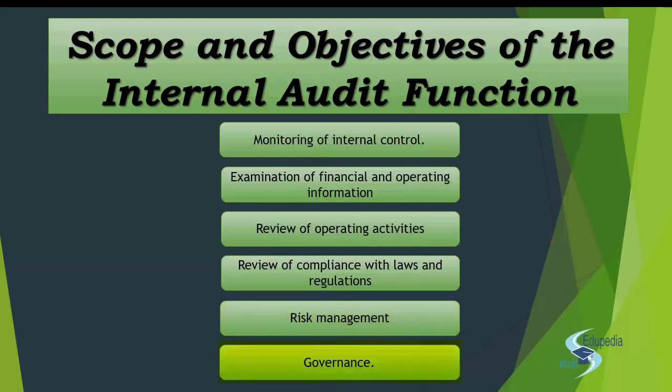And at last you have governance. When we talk about governance, it actually encompasses all the other functions. You are dealing with the entire functioning of your client. Whether or not your client is meeting the performance objectives and other objectives it has designed.